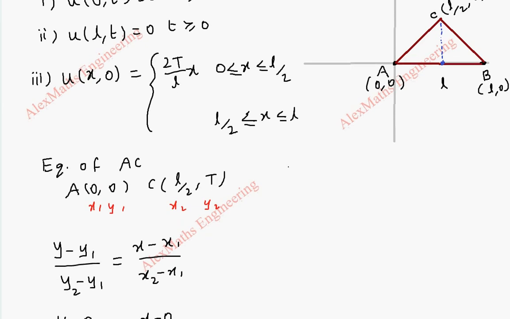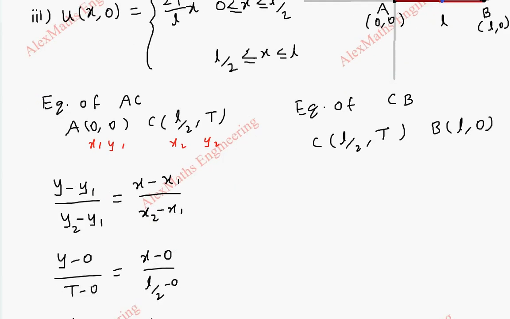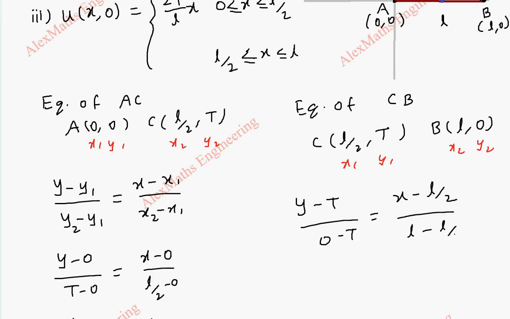The same way I have to find the equation of CB. So point C is L by 2 comma t and B is L comma 0. So now this is x1 y1 x2 y2. So y minus y1 by y2 minus y1 equal to x minus x1 by x2 minus x1.